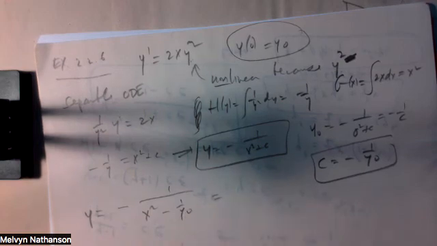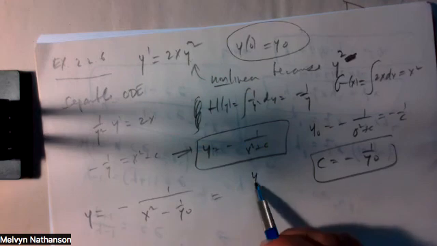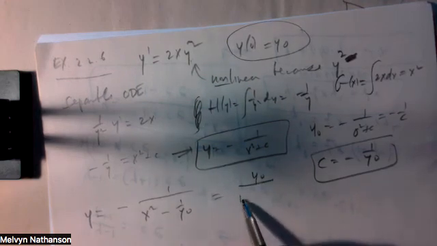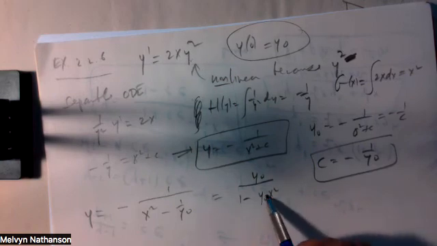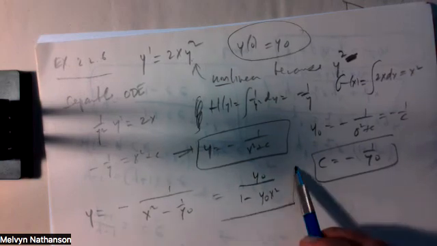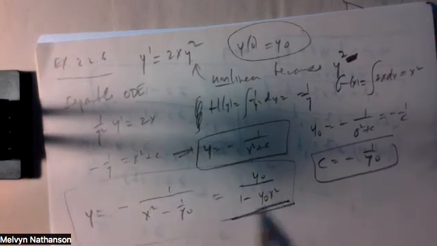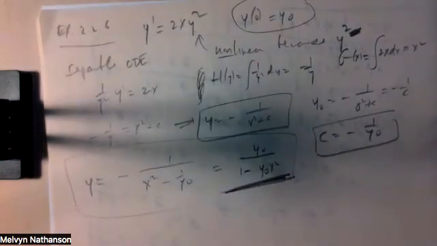If I multiply through by minus y naught, I get y naught over 1 minus y naught times x squared. So this is the solution of the differential equation that satisfies my initial condition.